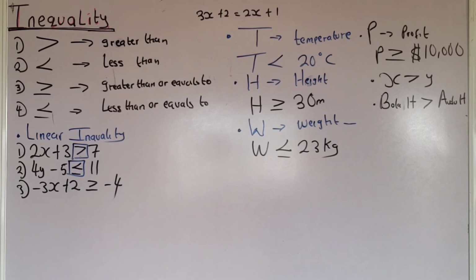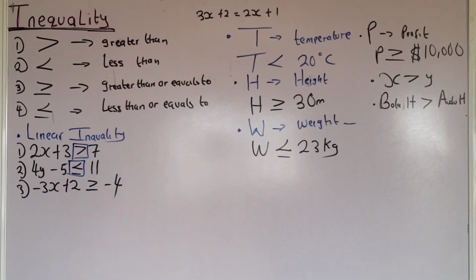To solve a linear inequality problem, you have to take these steps. The first step is to simplify the inequality by collecting like terms. The second is to isolate the variable on one side of the inequality.